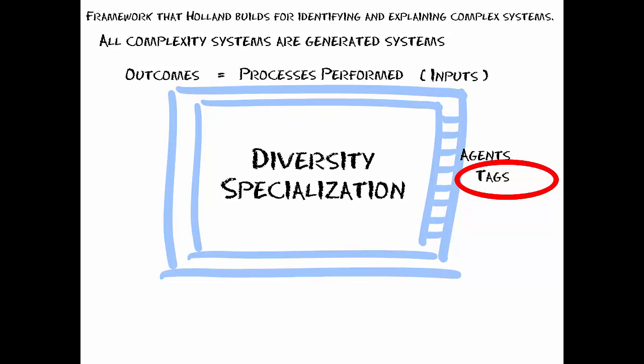So the process is also able to deal with parallel processes, because it's able to deal with parallel tags, multiple tags, in order to basically receive and accept the agent.